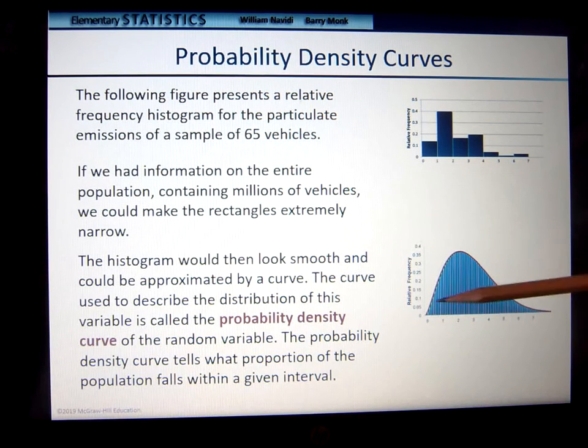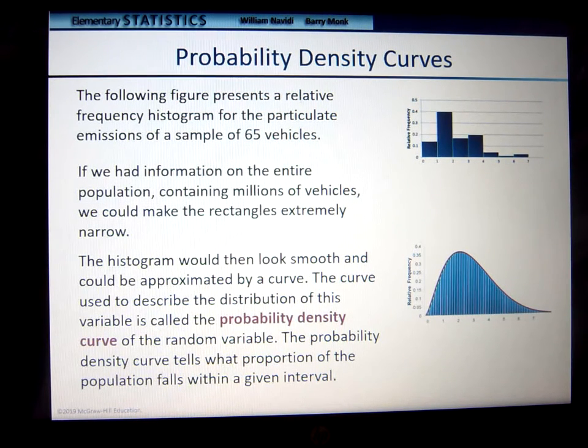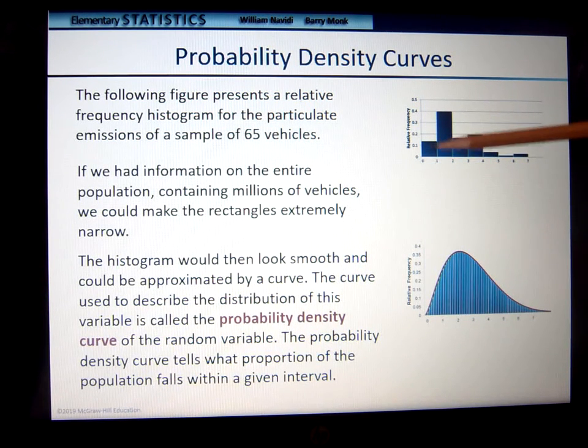You see how tiny the rectangles are here? The histogram then would look smooth and could be approximated by a curve. So what they're saying is if these were all small, it would look more like a curve.